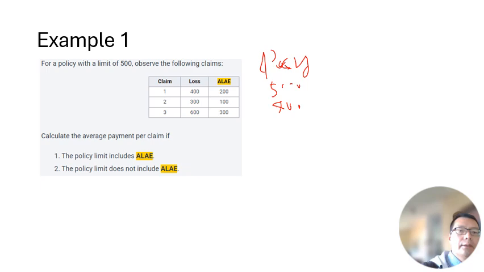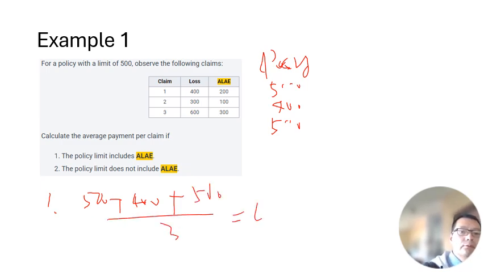Then the third one is 600 plus 300, 900, the limit is 500, so it will be 500. So in this case, we are just adding all three together divided by 3. That would be 500 plus 400 plus 500 divided by 3, which is equal to 467.